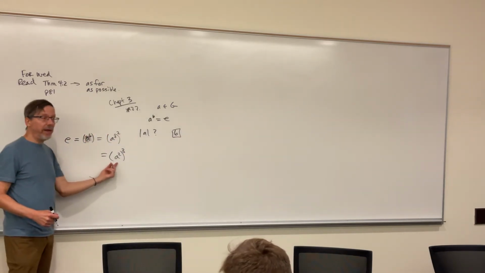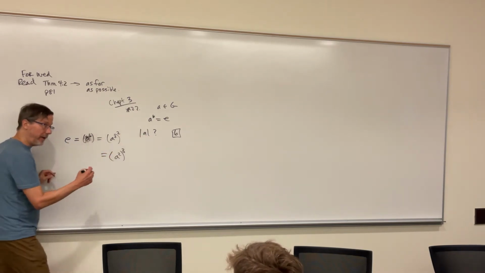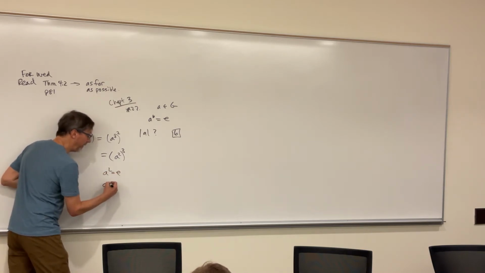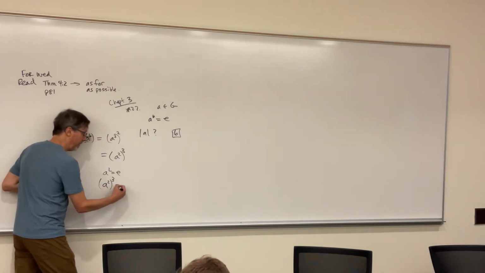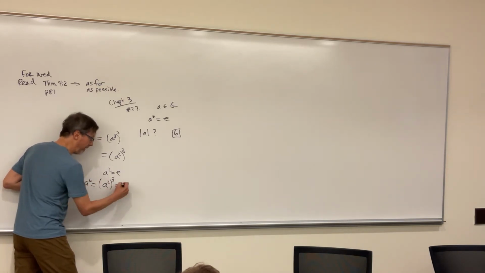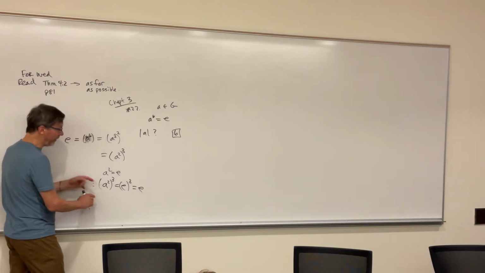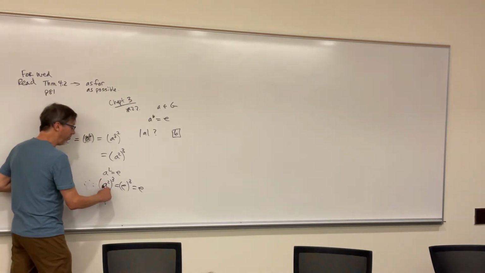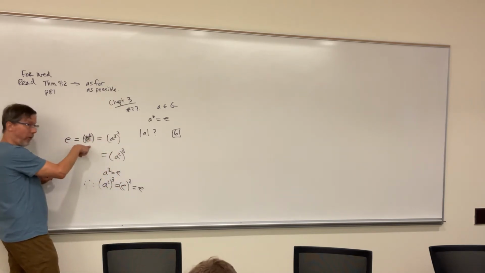So if A squared is E, then A to the 6th is also E. You see what I'm saying, Sydney? So look, if A squared is equal to E, then what is A squared cubed? It's A to the 6th on one side, but what is A squared? So what's E cubed? So it's also possible that the order of A is what? 2. Yeah.